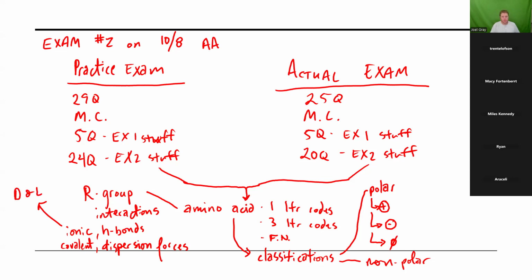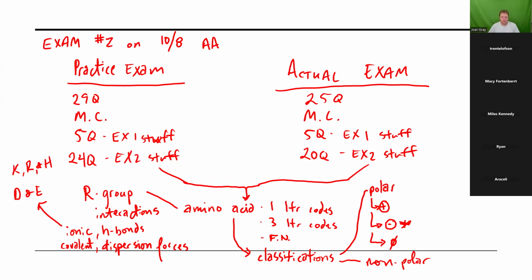Aspartic acid and glutamic acid. Those are negative residues, or those are negative, polar negative amino acids. But then lysine, arginine, and histidine, those are polar positive residues. So those are great examples of amino acids that are going to participate in ionic interactions. So make sure that you study those lists.